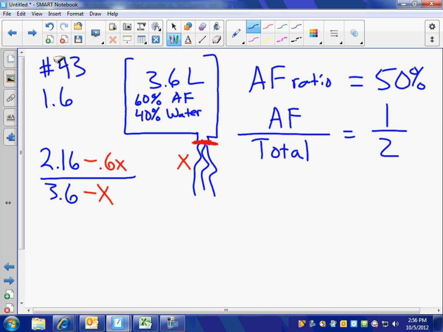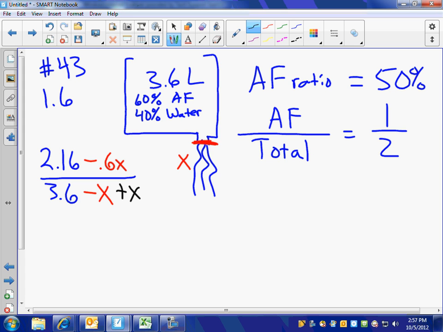How much water do I have to add in there? How much stuff did I drain out? X. So what do I have to put back in? I have to put X back in. So that changes the total amount, but it does not change the antifreeze amount.